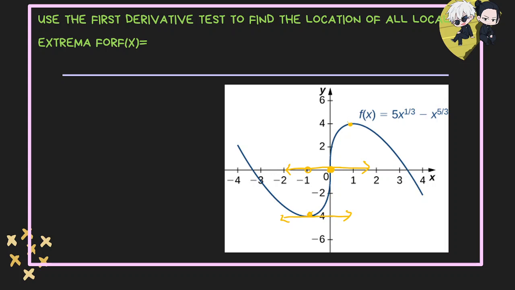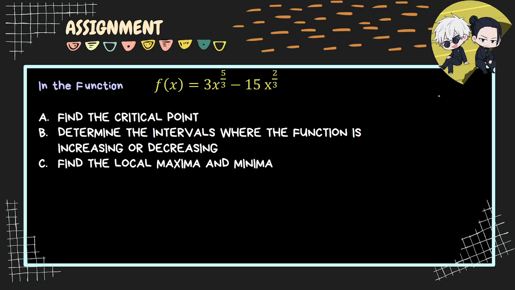Ito, point na to, meron din siyang horizontal tangent line. Ngayon, yung point na yan, this is the local maximum. This point is the local minimum, while this point is the local maximum. Okay? So ayan, ito yung mga critical points.